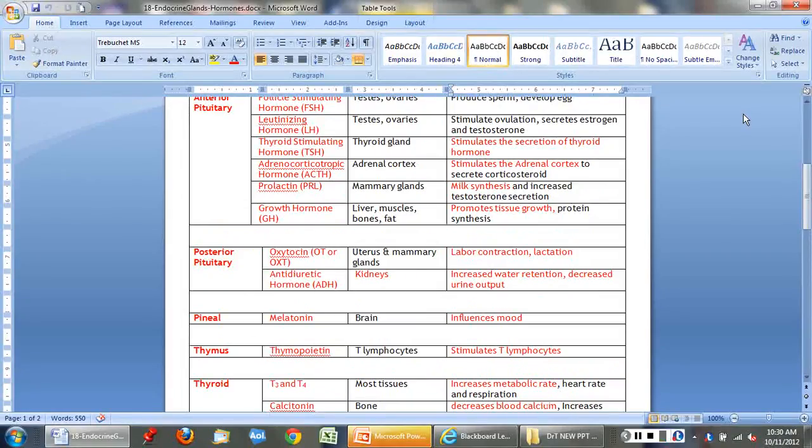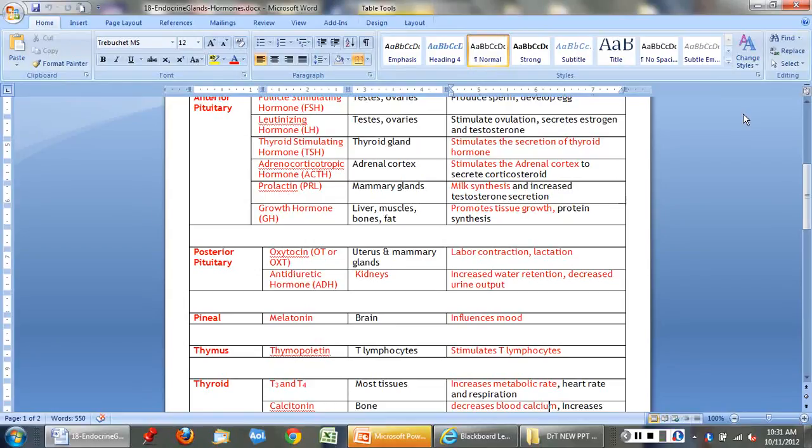Oxytocin, that's kind of a weird word. I don't know if that one can help you remember too much. But just so in the posterior pituitary gland, you know it's going to secrete two hormones. One is oxytocin, which has a similar effect in some ways because of the lactation.